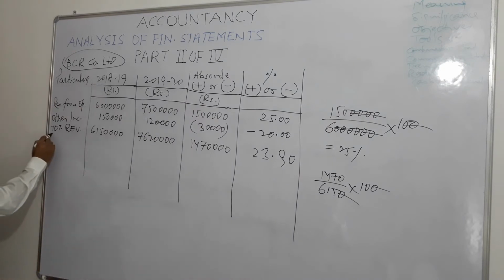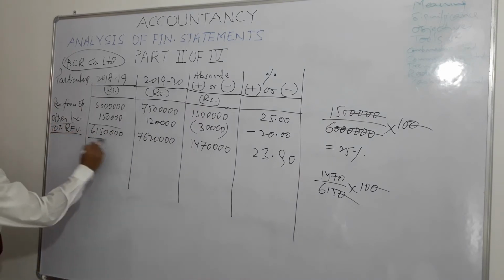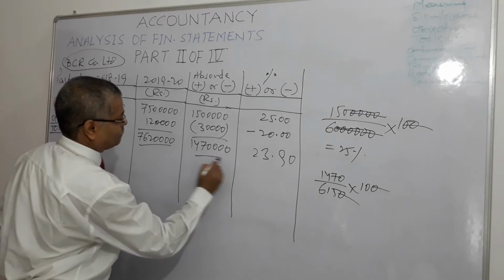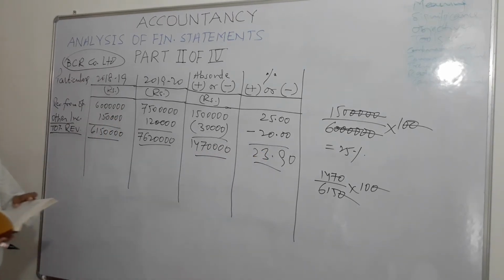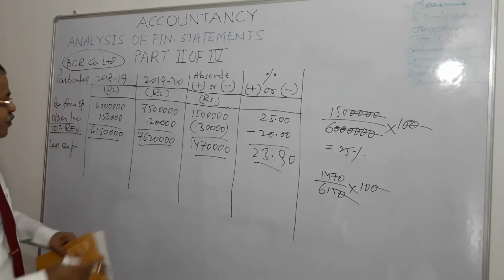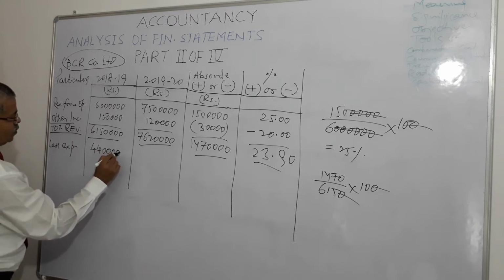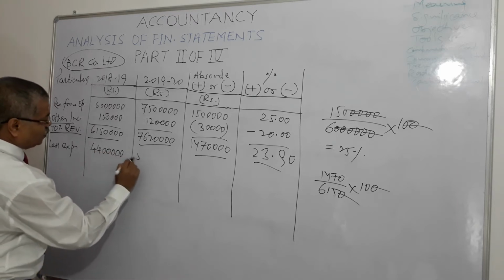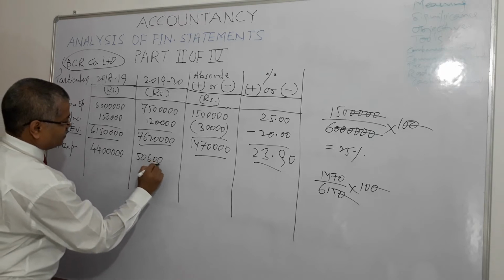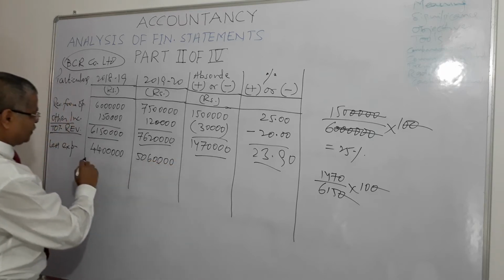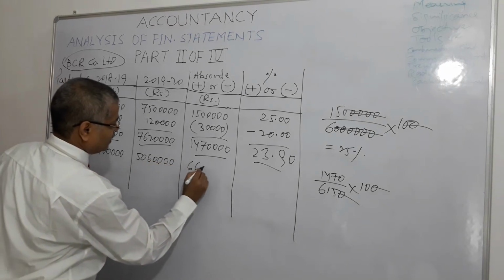Then we come to less expenses. What are the expenses? As given in the sum, 44 lakhs to 50 lakhs 60,000. So the change is 6 lakhs 60,000.